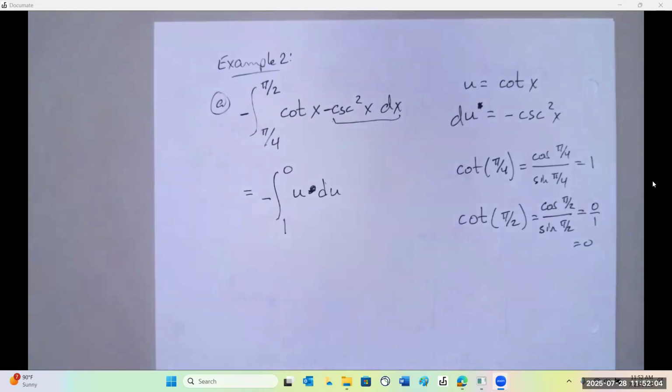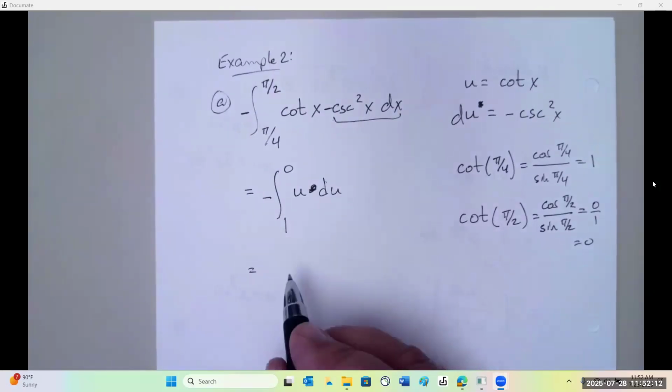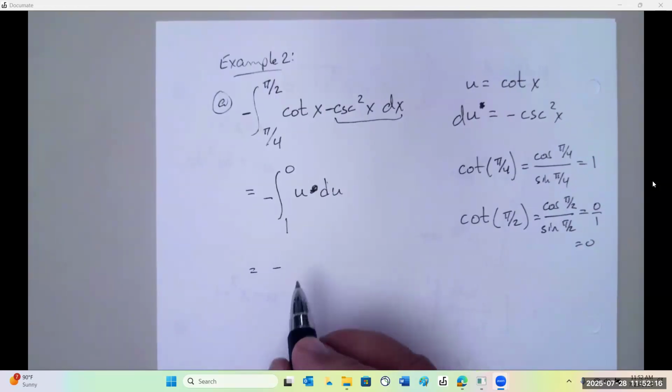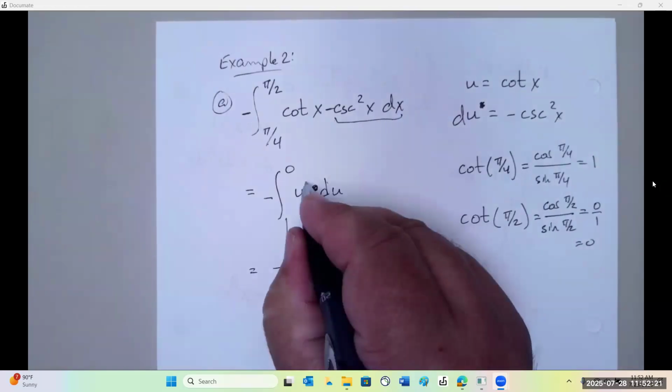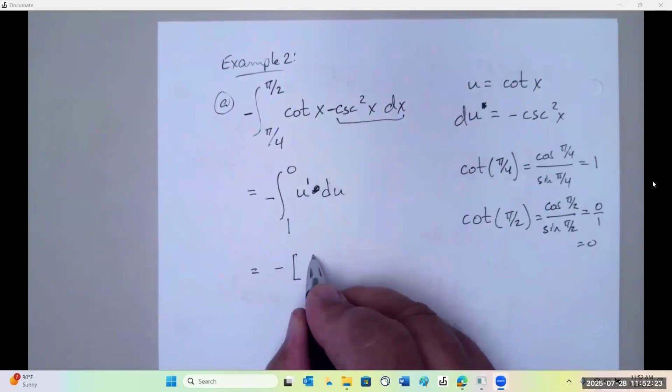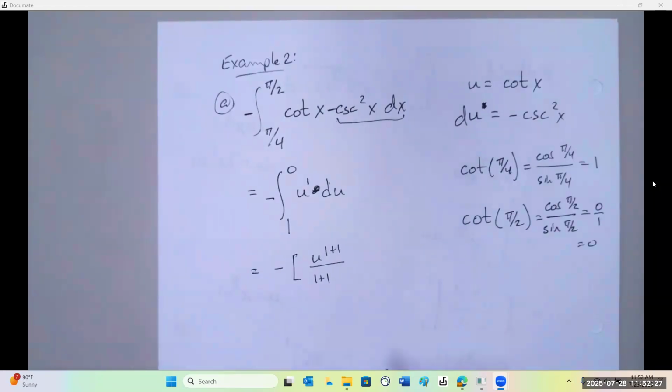Now you see how much less writing we have to do. We simply have to take the integral of u. What is the integral of u? It's u to the first power, so it becomes u to the 1 plus 1 over 1 plus 1.